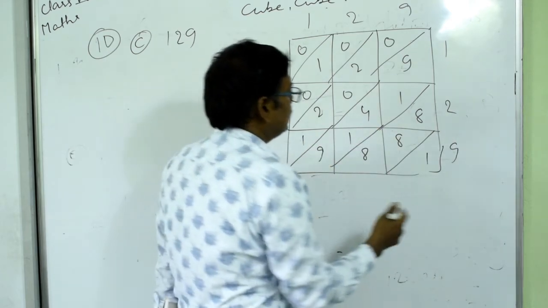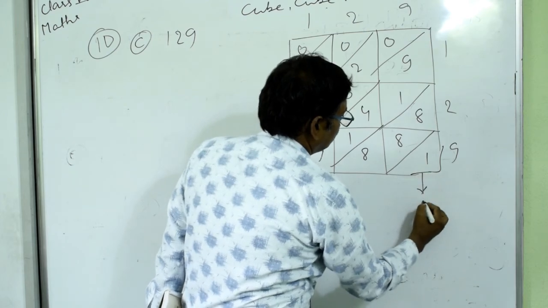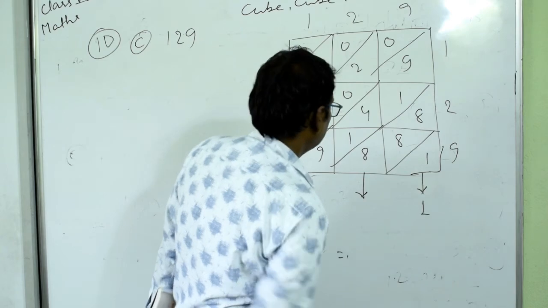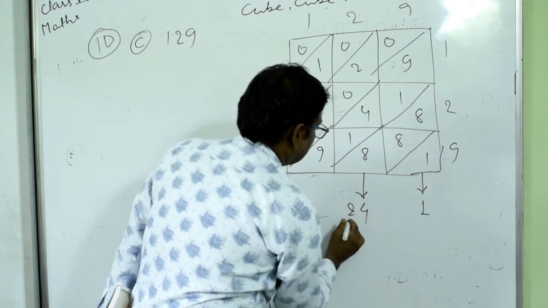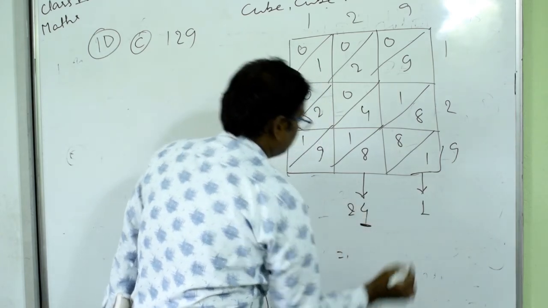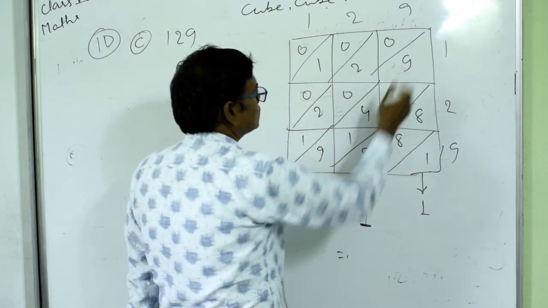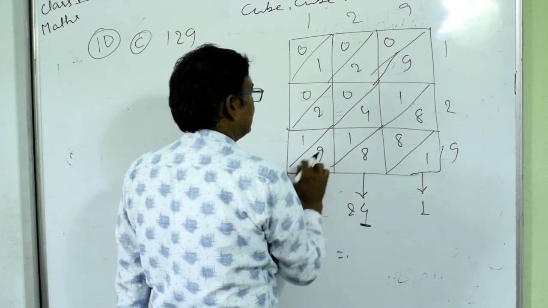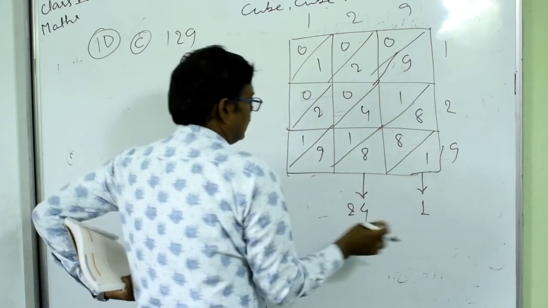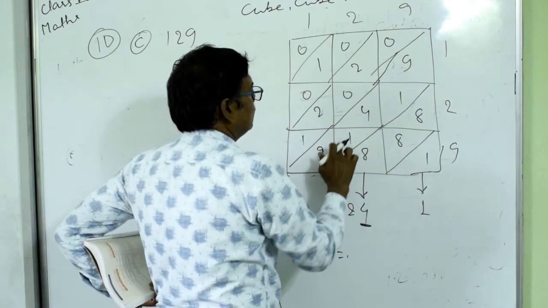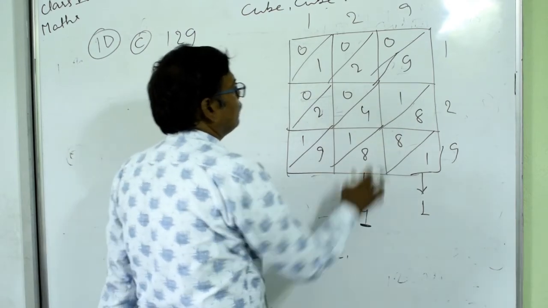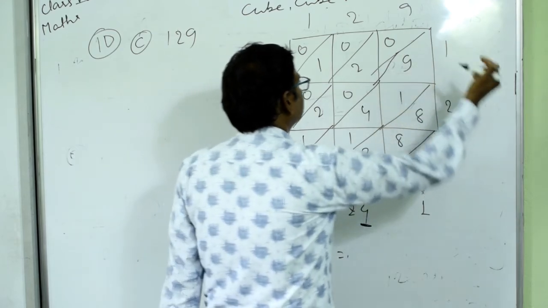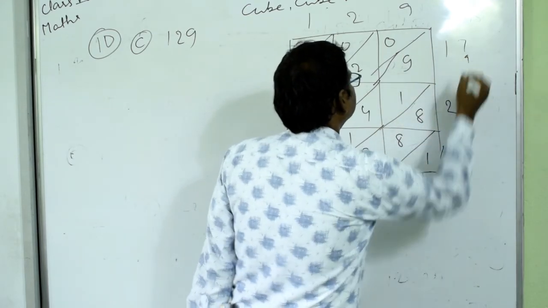Okay, now here you have 1 digit, that is 1 here, and now add all these, you will get 24 here. Now carry this and underline this 4 here, and carry this 2 to this row, that is 9 plus 1 plus 4 plus 1 plus 9. So here you will add 2 to this number: 9 plus 1 is 10, 10 plus 4 is 14, 14 plus 1 is 15, 15 plus 2 is 17, and 17 plus 9 is 26.